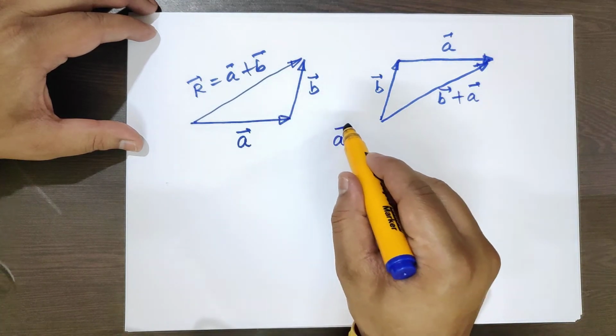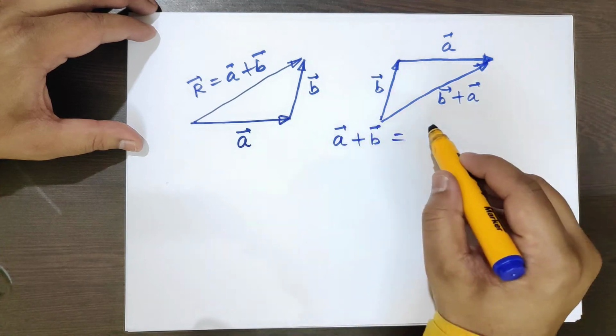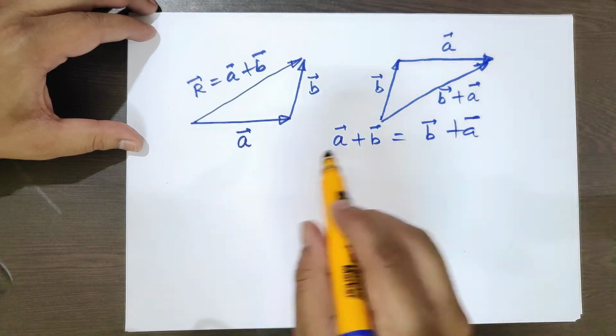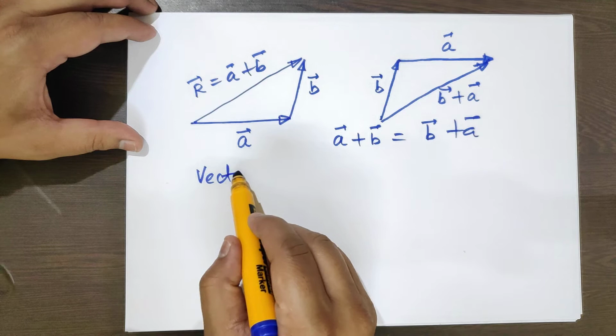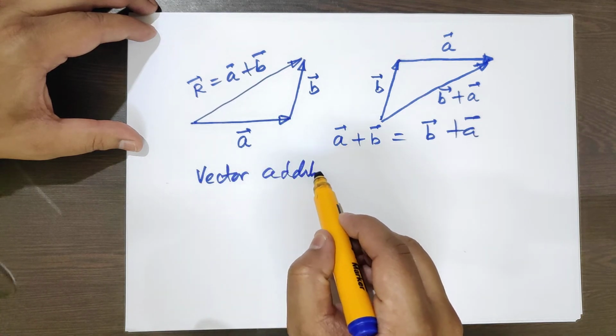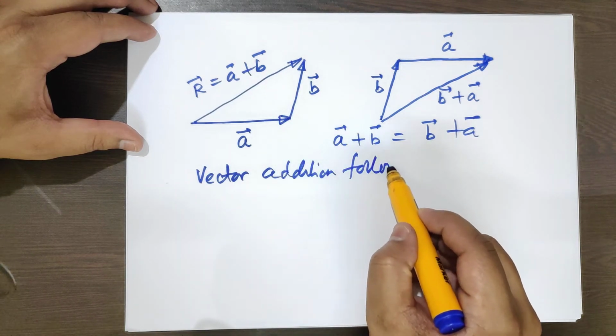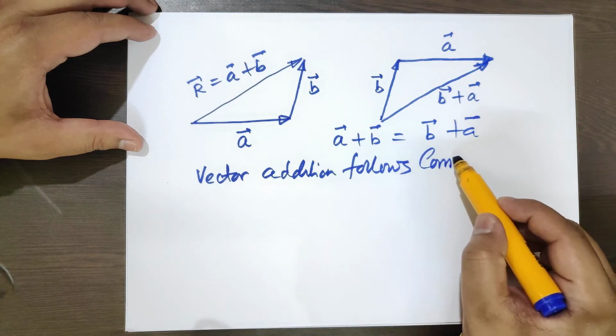Now this A plus B is exactly the same as B plus A. So vector addition follows the commutative law.